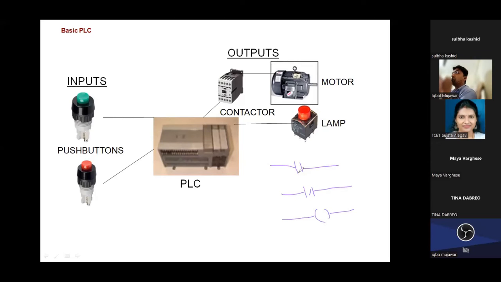But I need to differentiate which logic is for this input button, which for this push button, and which for the motor. Let's say two or three motors are there; I am using the same symbol again and again, but I can differentiate which motor is connected where with the help of these addresses. How we give the addresses, we'll see in the next slide.